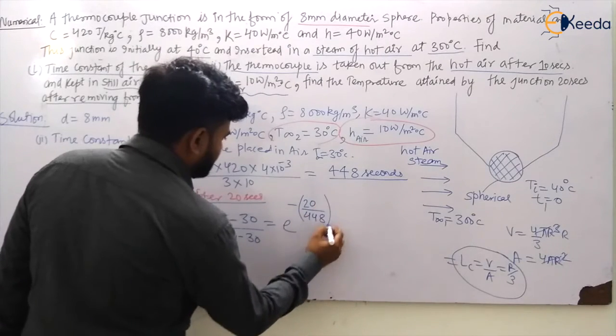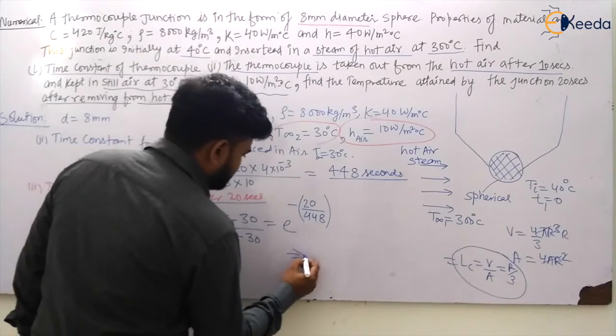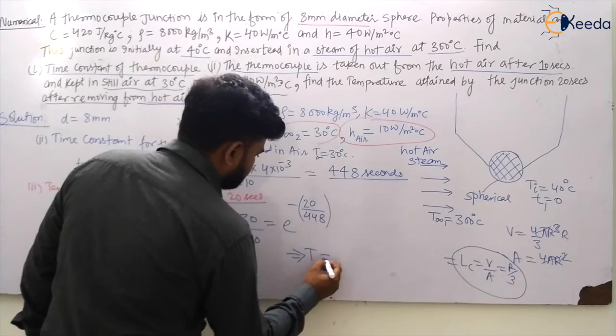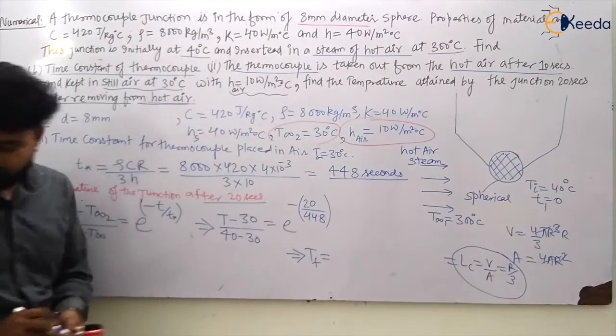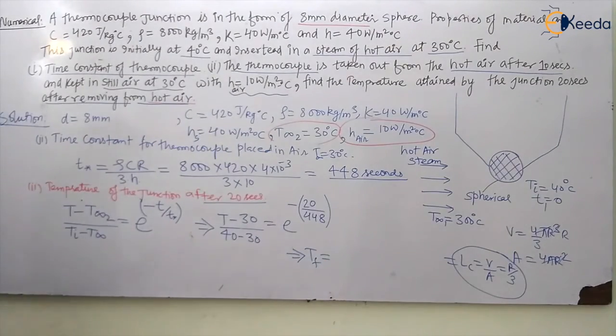So let us see what will be the temperature. So this will become minus 20 divided by 448 to the power, this 0.9 multiplied by minus 10, so plus 30.